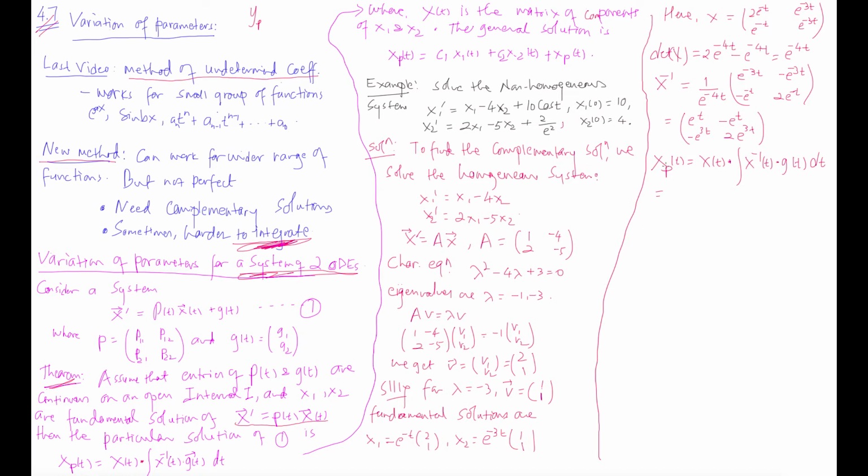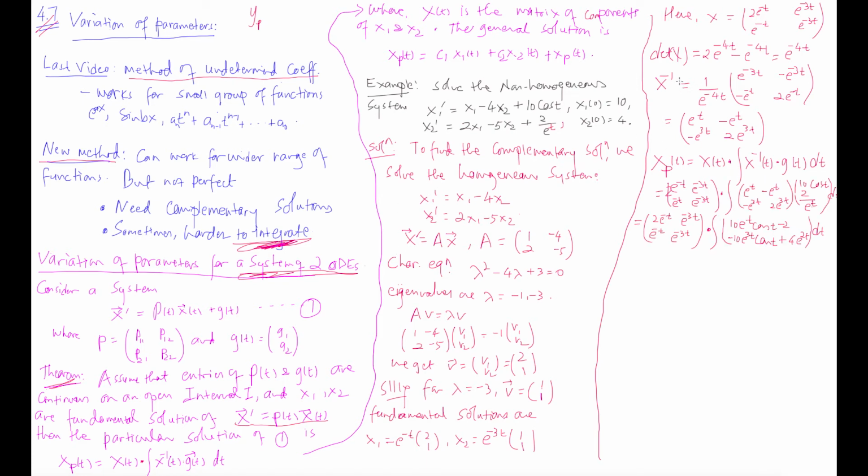Let me write down slightly smaller. So you will get 2e to the negative t, and then e to the negative 3t, and then e to the negative t, and then e to the negative 3t. That is X. Similarly, write down X inverse of t and g of t.